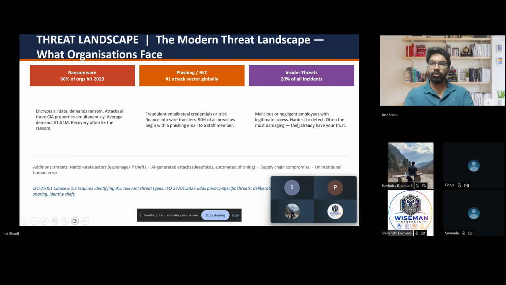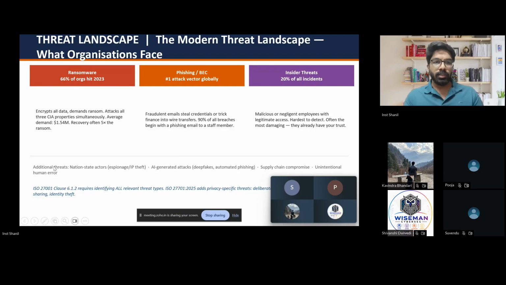It is hardest to detect, often the most damaging. They already have your trust. Since there are thousands of employees, it is very hard to detect who actually leaked the data, because the same data would be accessible by 1,000 employees. You cannot question 1,000 employees whether they have leaked your data or not. So that is why it becomes hardest to detect how the data got breached.